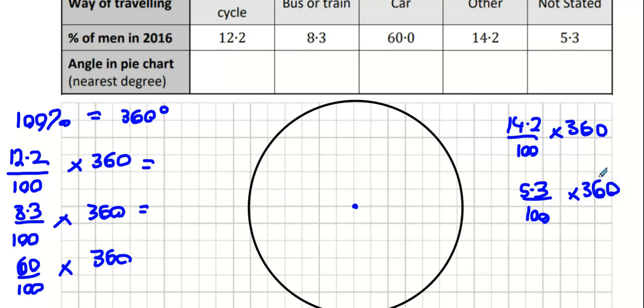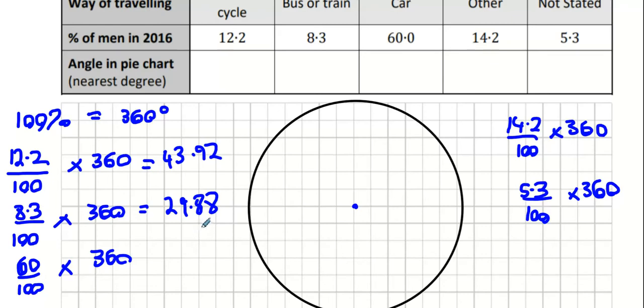We're going to put all of these into the calculator individually and work them out. Okay, so this one is going to be 43.92, I'll round off to 44. Then we got 29.88, no bother.